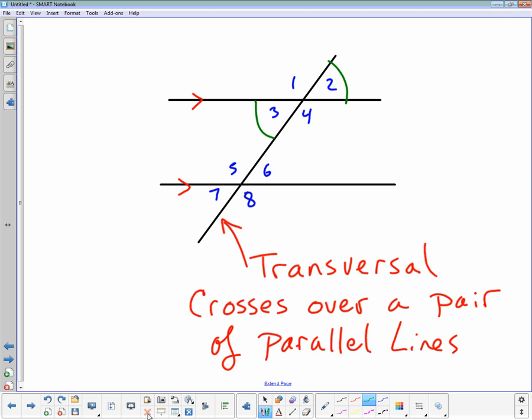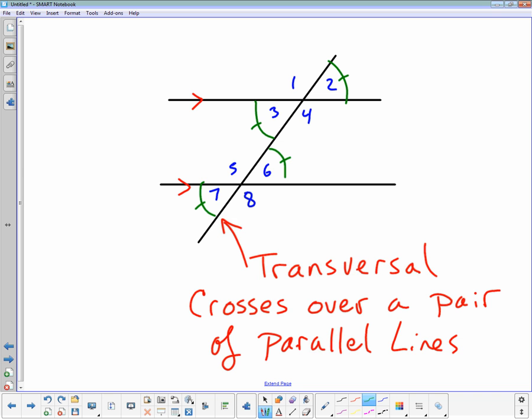And in fact, that is true. 2, 3, 6, and 7 are all congruent. And besides that, they look congruent. I mean, we're dealing with an acute angle. The other acute angles are also congruent. When you have parallel lines, you have to have parallel lines. If you don't have parallel lines, then all bets are off.